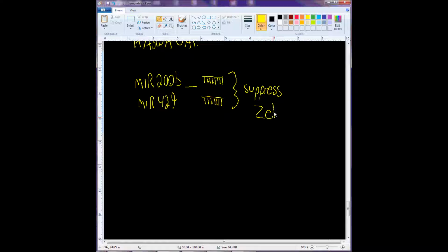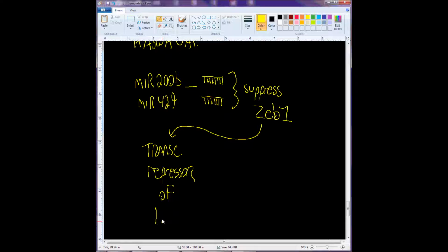I think I was calling this ZERB1 or something in class, but now that I can see it in the book right here, it's ZEB1, and ZEB1 is a transcriptional repressor of the gene called LHB.